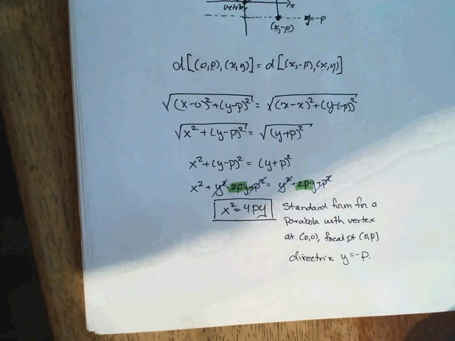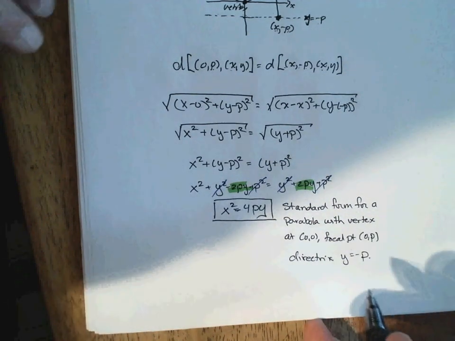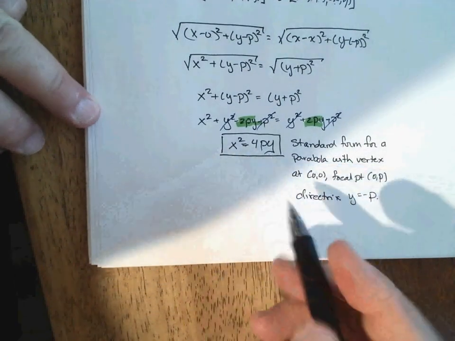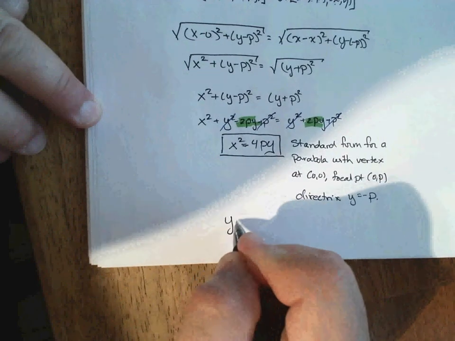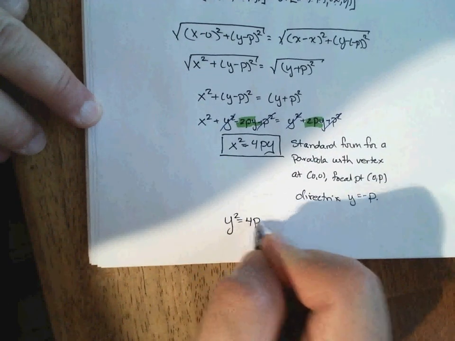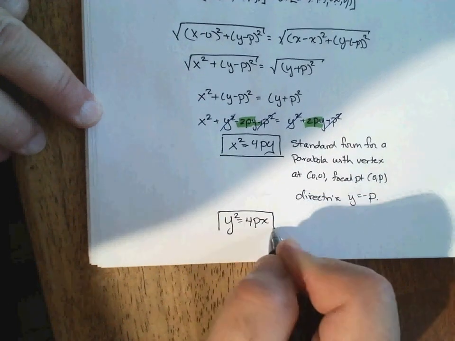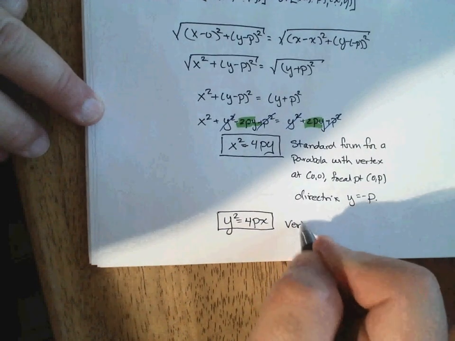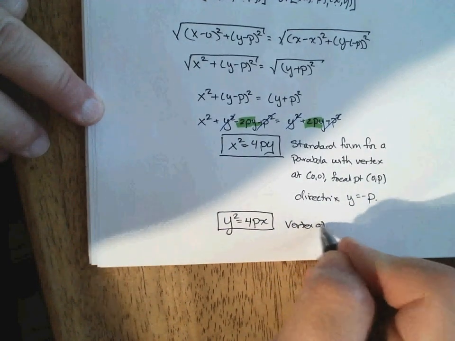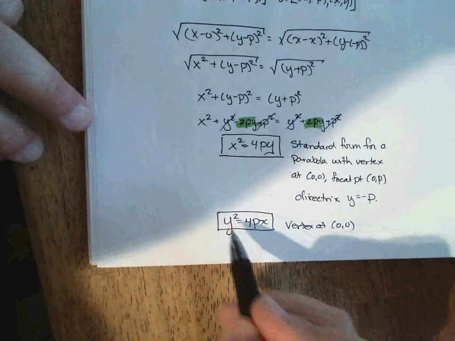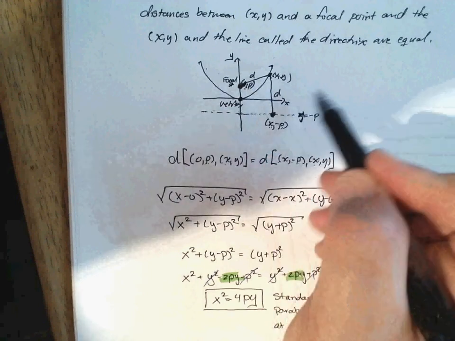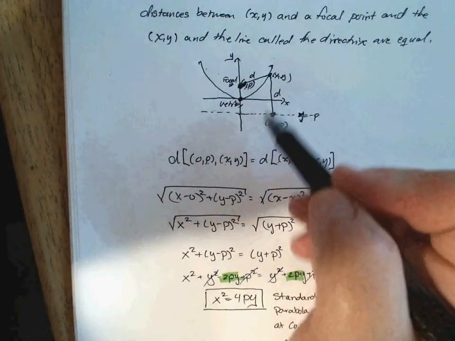Okay. Now the variations that can occur on this, well, one variation is this could be y squared equals 4px. That's still centered at the vertex at the origin. But what is different about this now is instead of the parabola opening upward, it opens sideways to the right.